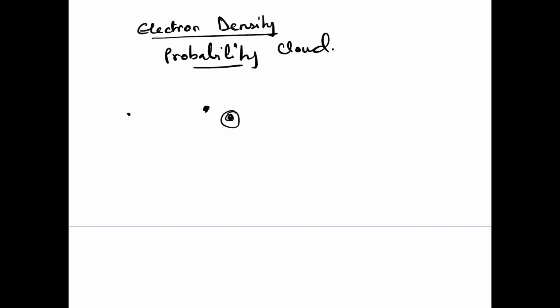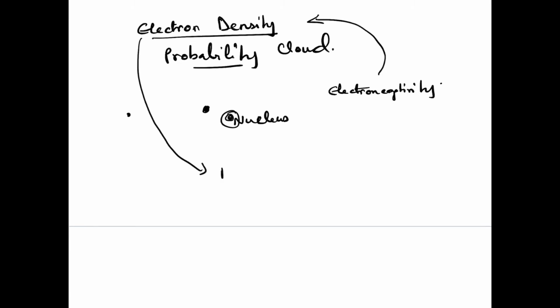We have something called electron density. We've heard about probability cloud regions mostly. This is the position where there is more probability of an electron to be, rather than that position. So if this is the nucleus, electronegativity in a covalent bond determines the electron density, which makes the compound polarized.